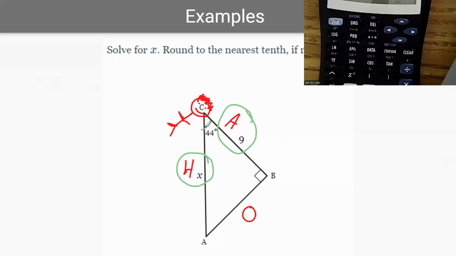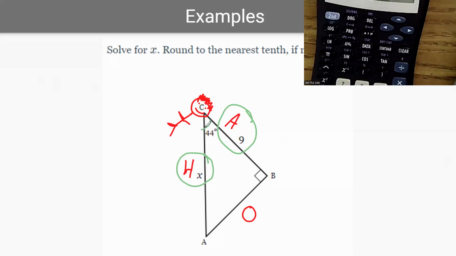So if I use A and H, what ratio deals with A and H? Sine, cosine, or tangent? Cosine. So cosine of 44 degrees equals adjacent over hypotenuse, or 9 over x.